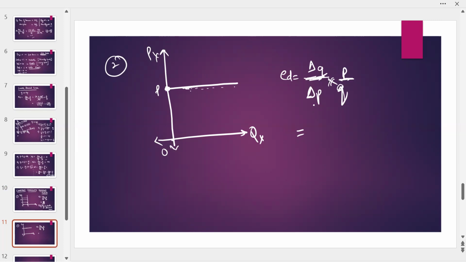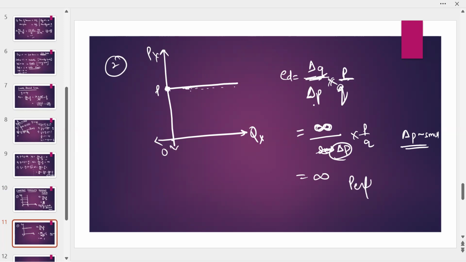You can see that. So it's perfectly elastic. Basically, there's an infinite change in the quantity demanded with a very small del P. So it would turn out as infinite. That means it's a perfectly elastic demand curve.